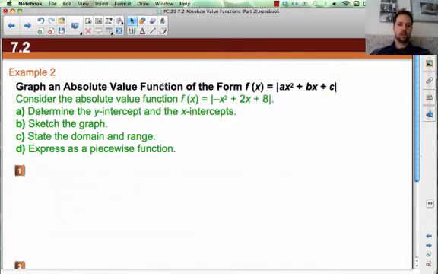Okay, so here's another example, this time a quadratic. So start with the a, determine the y and x-intercepts. Determine the y-intercept by plugging in 0 for x.